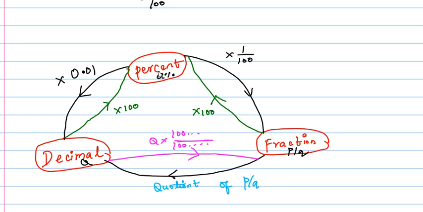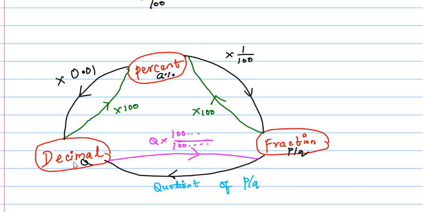Suppose a decimal is given, how to convert it to a percentage or fraction. Depending upon the situation, we are going to apply the particular value. If a percentage is given, by multiplying 1 by 100, you make it a fraction. If you multiply by 0.01, you make it a decimal value.